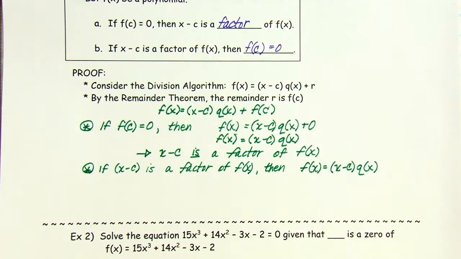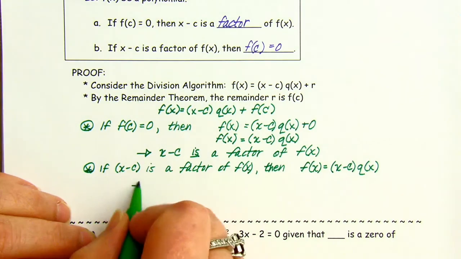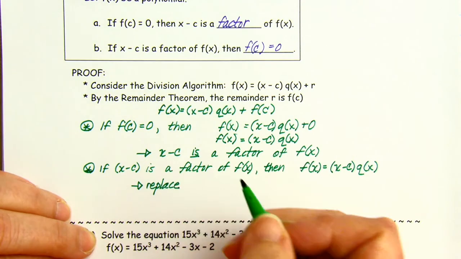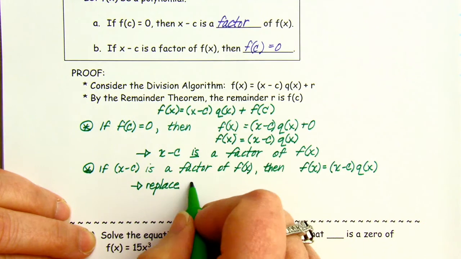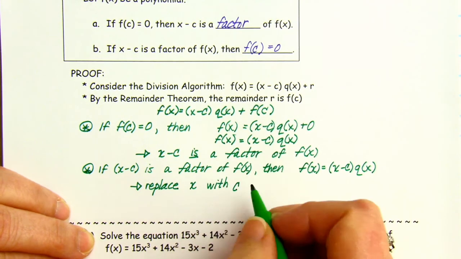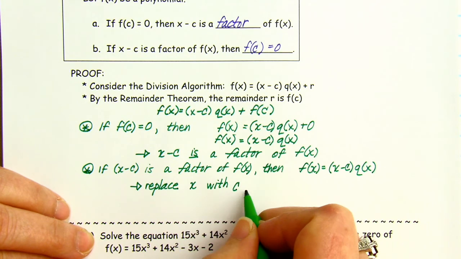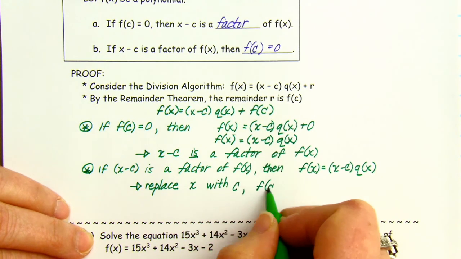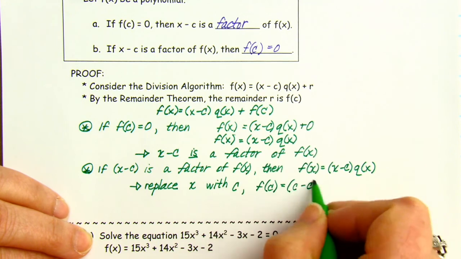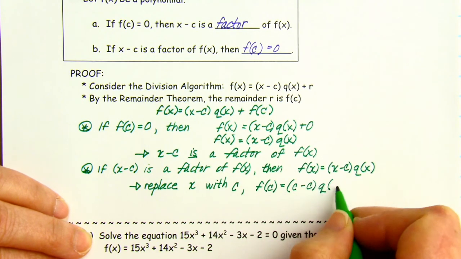Right? If we're saying it's a factor, we mean it divides it with no remainder. Replace x with c. We get f of c equals c minus c times q of c.